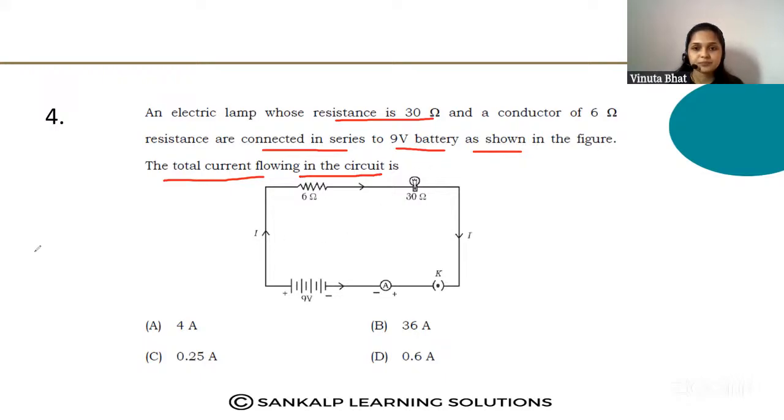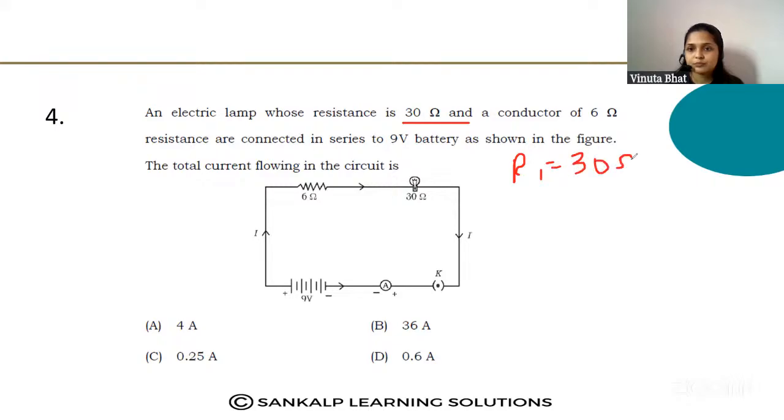Here I will take resistance R1 is equal to 30 ohm, and R2 is 6 ohm. They are connected in series to a 9-volt battery. V is equal to 9 volt.